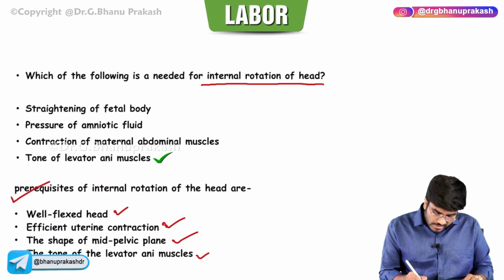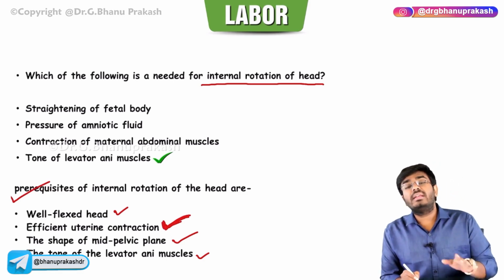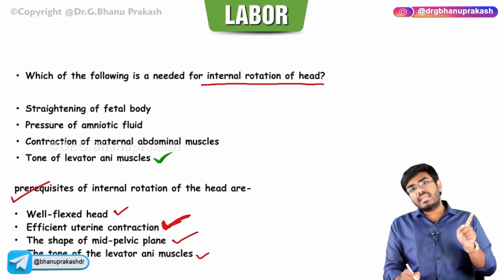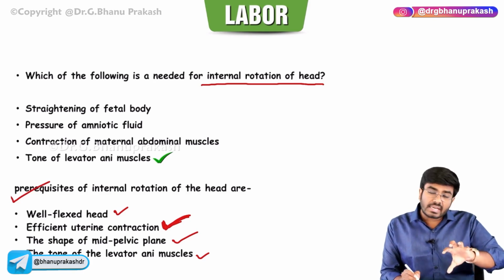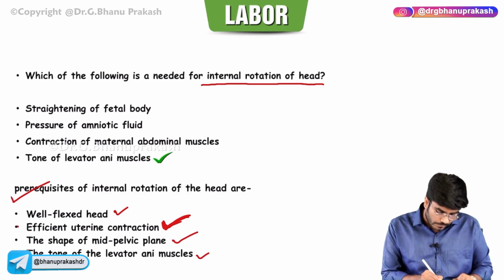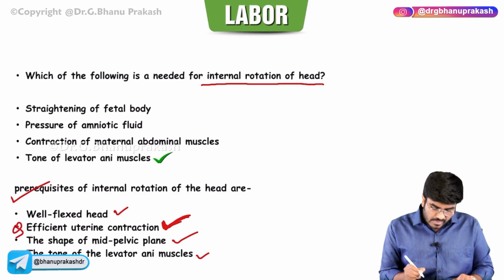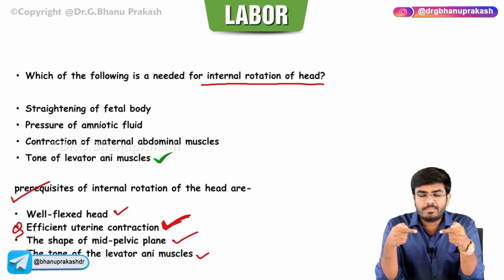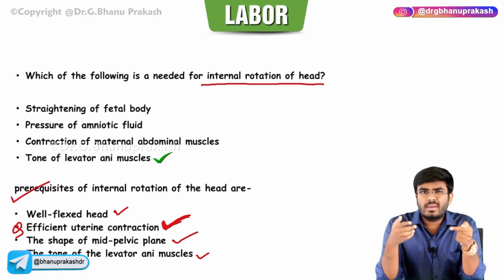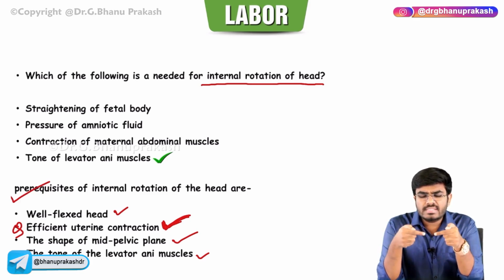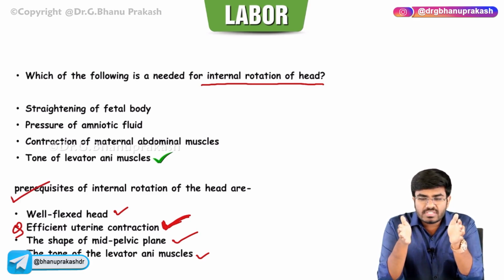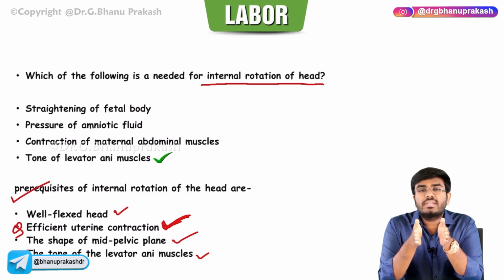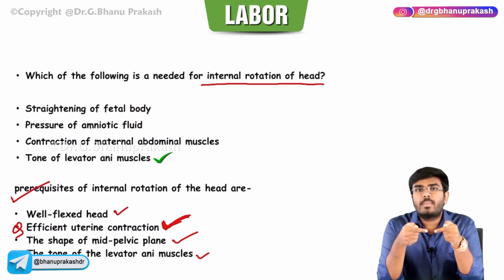The uterine contractions, guys, this is one important point. Uterine contractions are needed for descent as well as for internal rotation, both. Now the shape of the mid pelvis, guys. In the pelvic cavity, there is a region known as the plane of least pelvic dimension, where the ischial spines protrude into the cavity, which decreases the diameter of the pelvis.